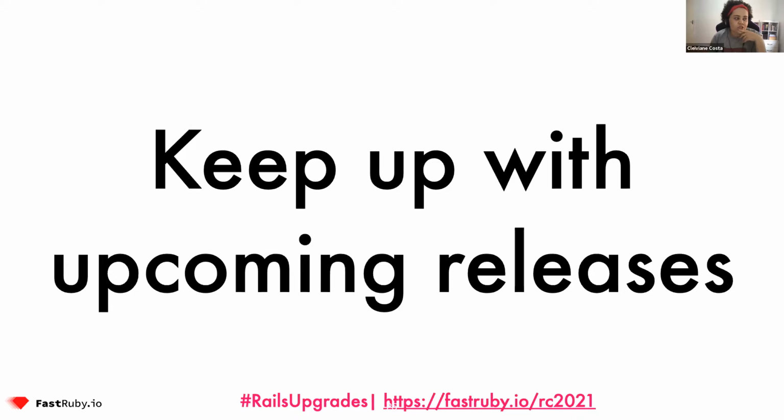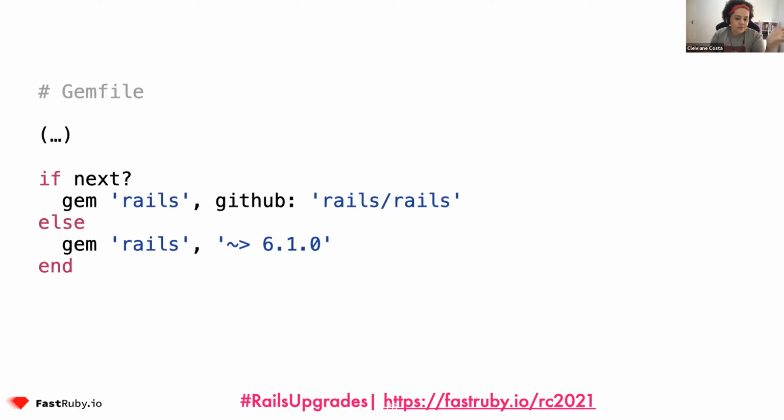And the third tip is to keep up with upcoming releases. To do that, you can add the Rails main branch as the next version in your Gemfile, so we always keep an eye on the latest version changes. We can make this change to our if next conditional here. You see we are pointing the gem Rails to the Rails GitHub, the main branch of Rails, right?